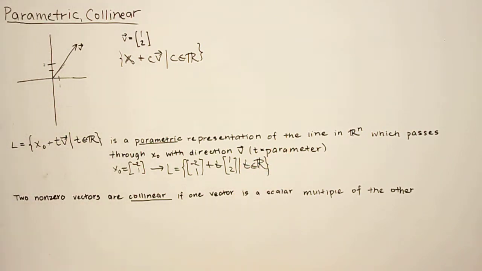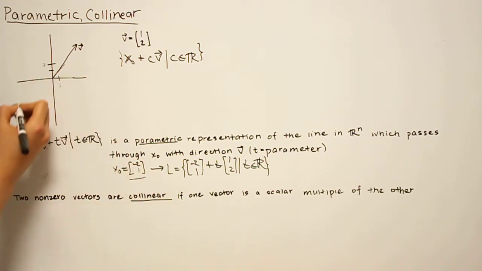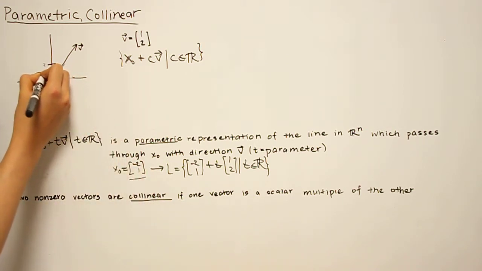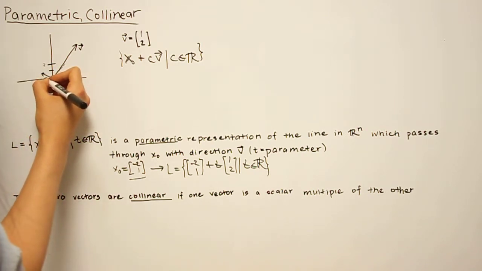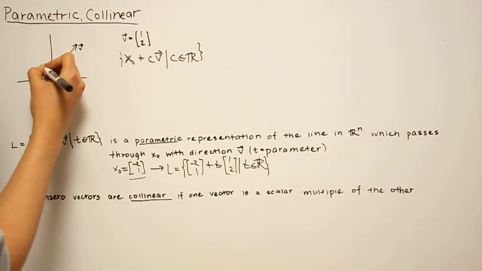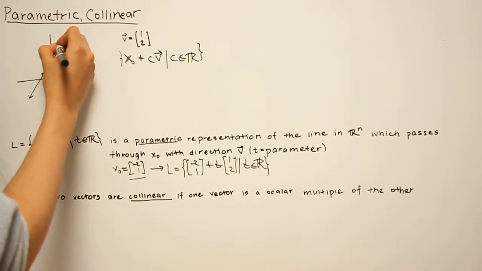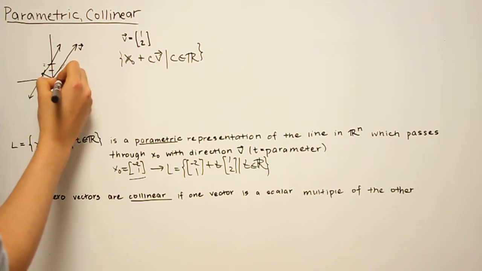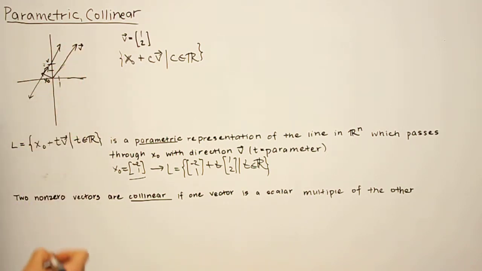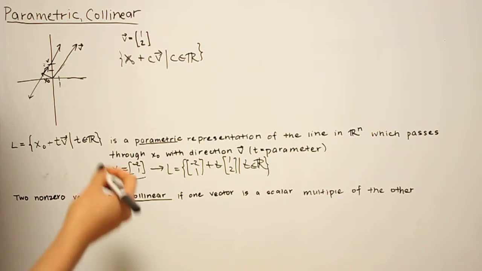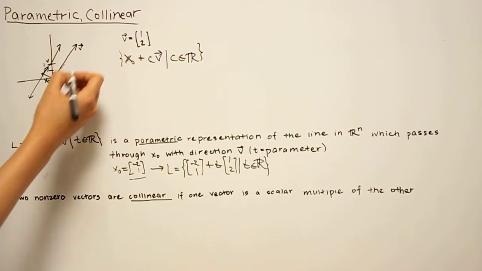So geometrically, if we add the vector (-2, 1), sorry, to v on all points in R2, we get something that looks like this, where this is x0, and we add v to every vector. So this is the line which passes through x0 and is parallel to the original vector v.